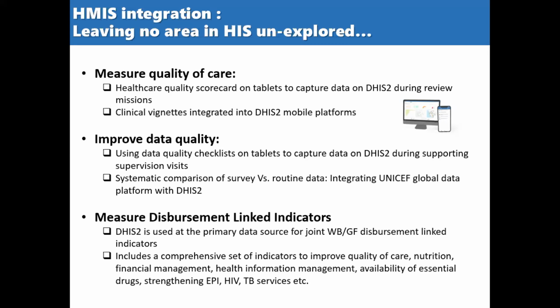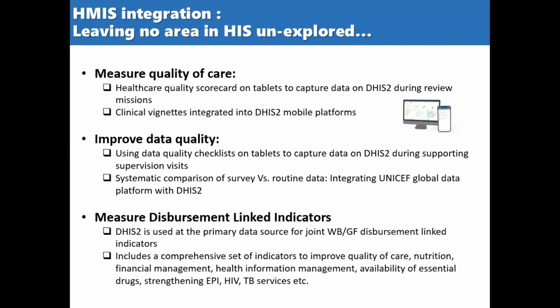We also use the system to monitor the disbursement-linked indicators, which are funded by the Global Fund and the World Bank, to track the indicators that can later be linked to payment.